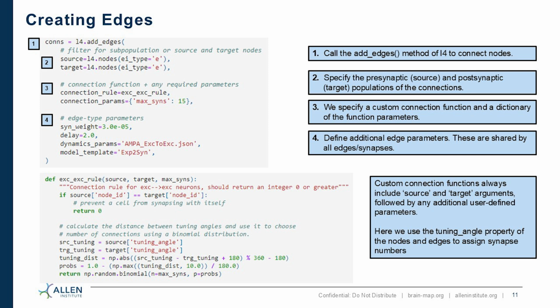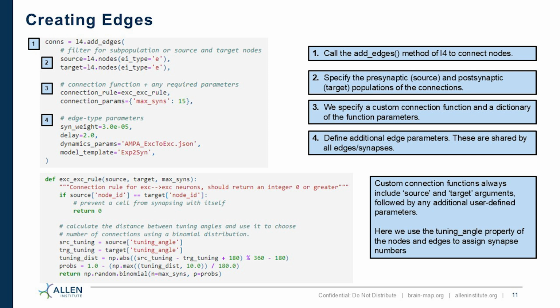And the way that we do that is first by utilizing, for the source and target population, we're going to do this first for the excitatory to excitatory, then excitatory to inhibitory, inhibitory to excitatory, etc. So I'm just going to go through one example, excitatory to excitatory.